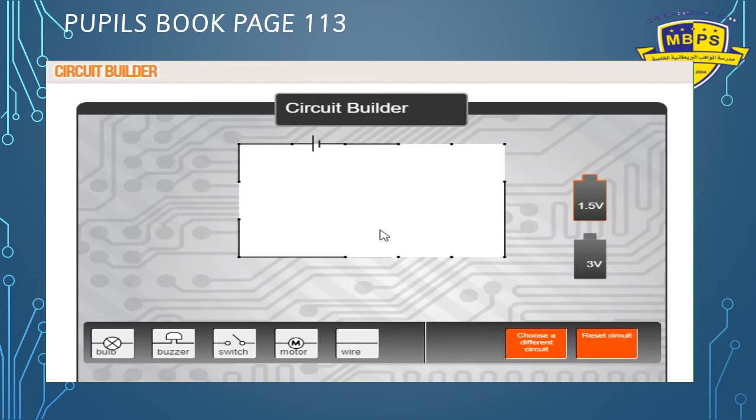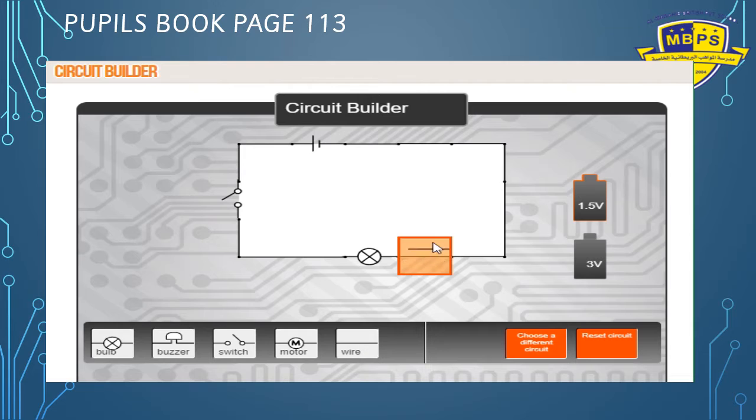So from your pupil book page 113, you can see there's a diagram drawn of one battery with wire, a bulb, and a switch. I'm going to do the same thing with a circuit builder and complete it. I'm going to use a 1.5 volt battery, that means one battery, and I'm going to connect the wires and the bulb, and let's see what happens.